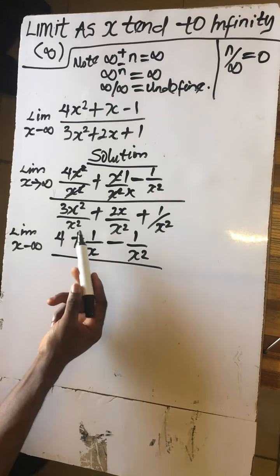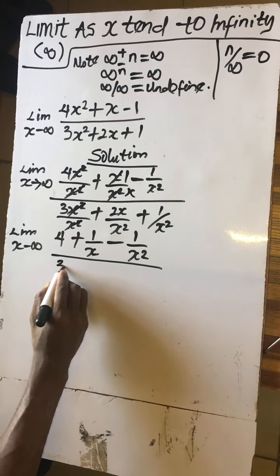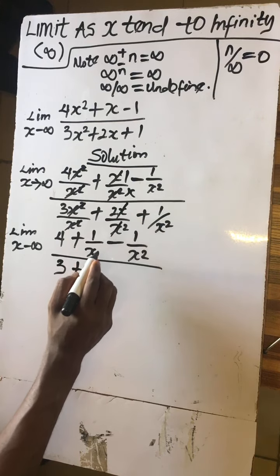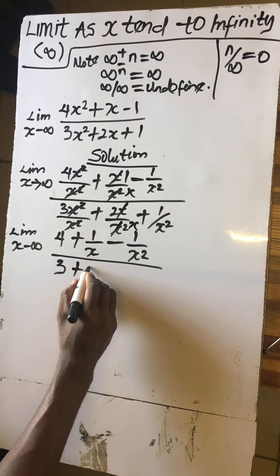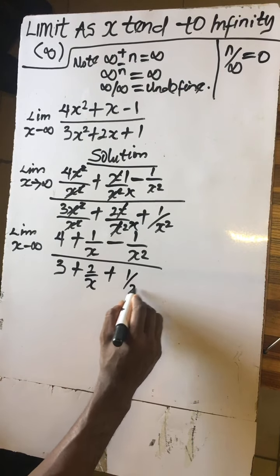Here also we have x squared, we cancel this one, we have 3 plus, here we cancel one x, so we have 2 over x plus 1 over x squared.